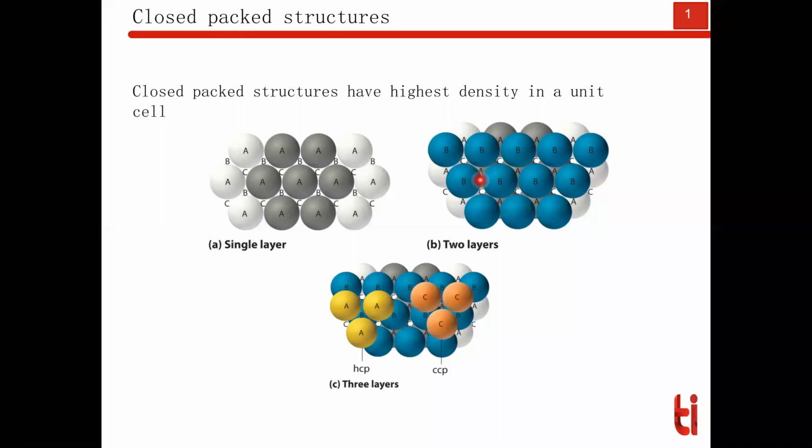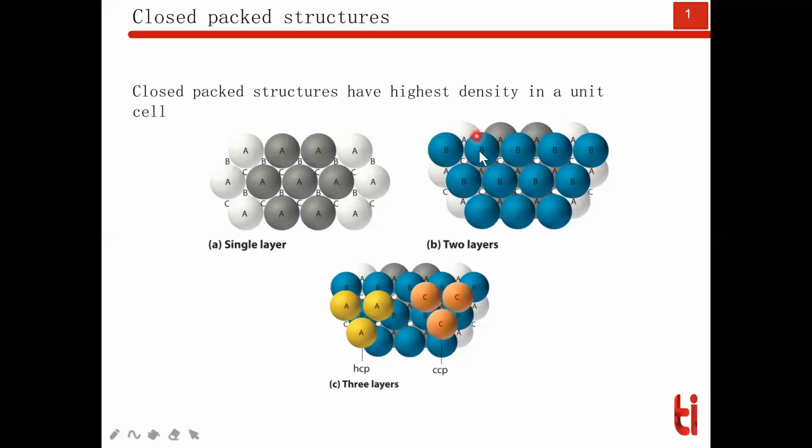The atomic layer A is your base layer, and atomic layer B has its atomic positions occupying the valleys created by atoms of layer A. In this two-layer diagram, you can see there are still valleys which are empty, marked as C valleys. If you carefully look in image B, these C valleys are again the valleys made by the atoms of layer B as well.